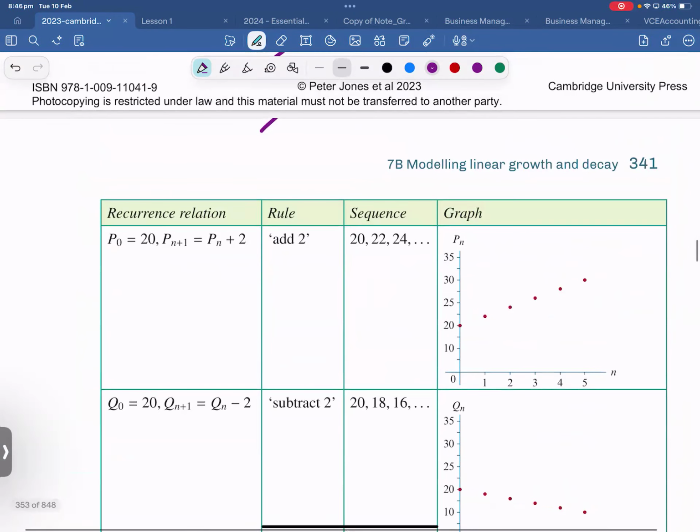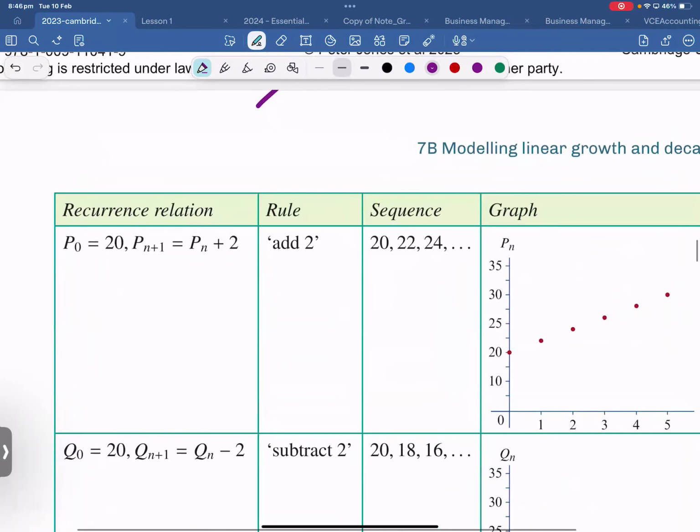Right? See this one, P0, the first term, is 20, Pn plus 1 is Pn plus 2. That means if you are going to find the value of term 10, then this one will be term 9, one less, plus 2.